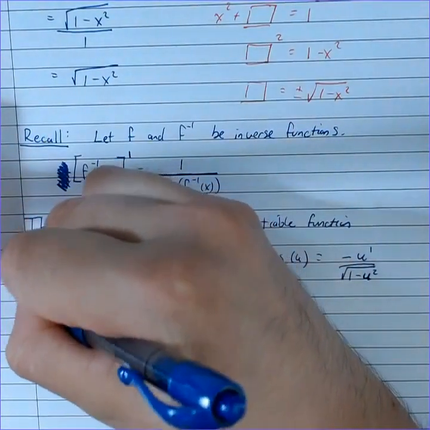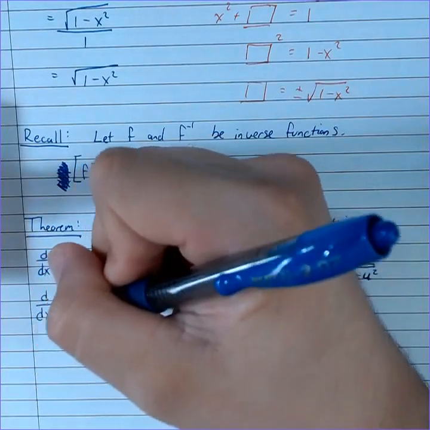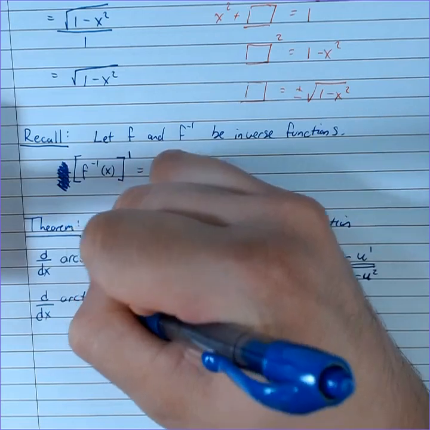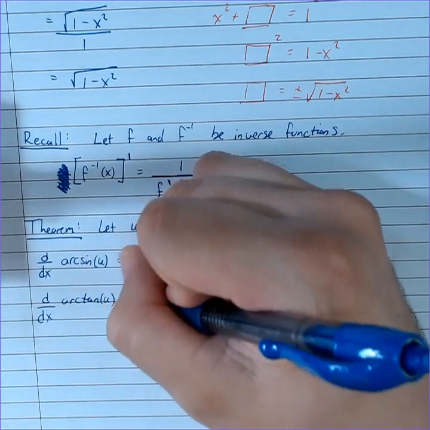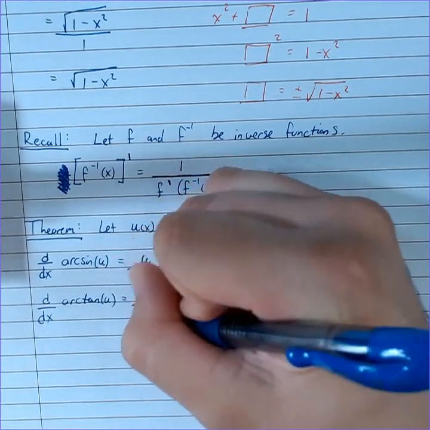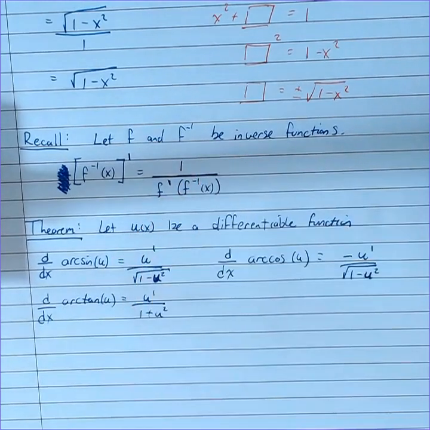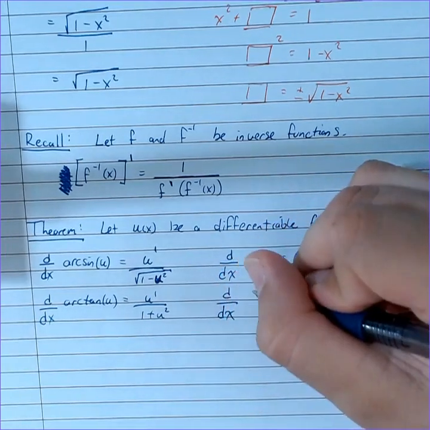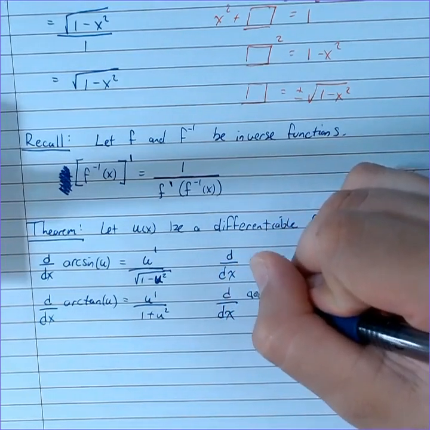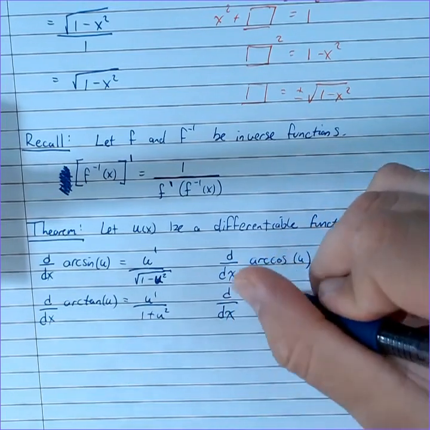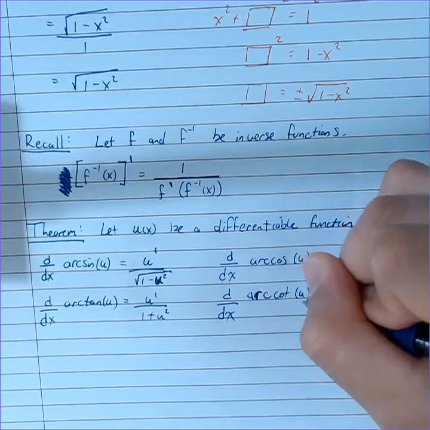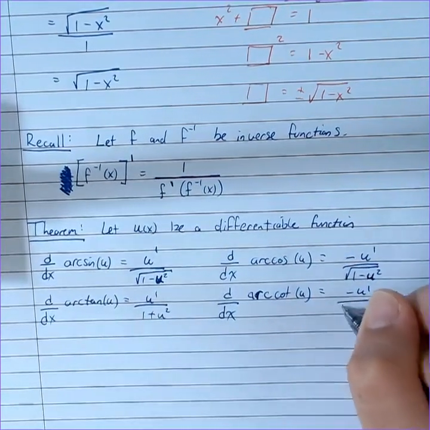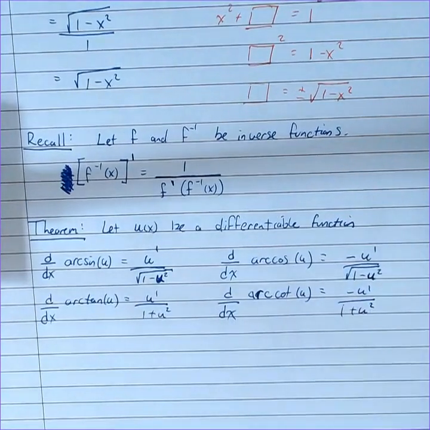We have the derivative with respect to x of the arc tangent, and that's going to equal u prime over 1 plus u squared. And the derivative with respect to x of the arc cotangent of u is going to equal negative u prime over 1 plus u squared, like that.